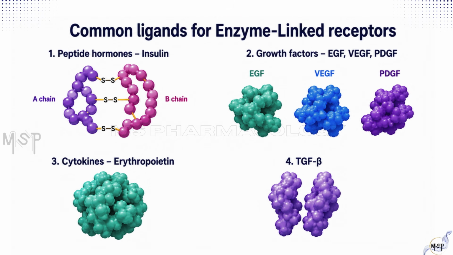Other examples include erythropoietin and transforming growth factor beta, or TGF-beta. Therefore, the extracellular domain is primarily responsible for ligand recognition and binding.